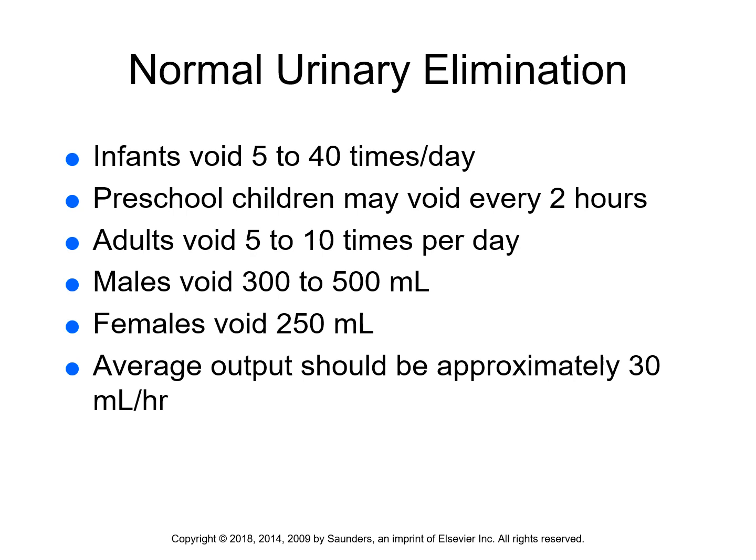Now, if you've got 30 milliliters an hour, kind of do the math, right? So if I have 30 milliliters an hour and I multiply that times 24 hours in a day, it's approximately 720 milliliters in a 24-hour period.